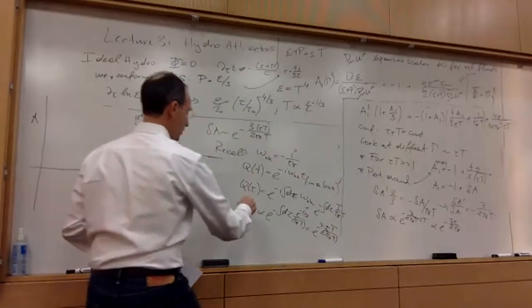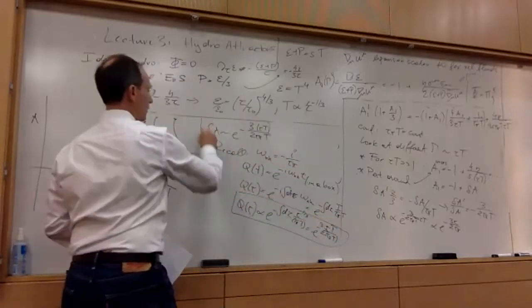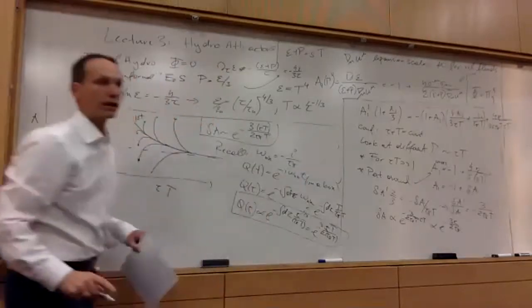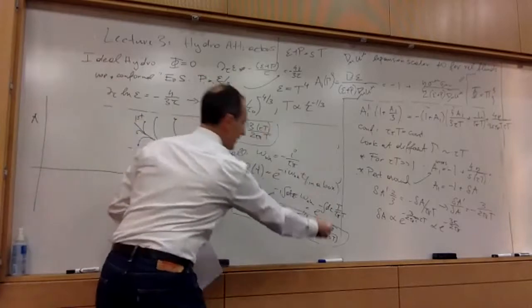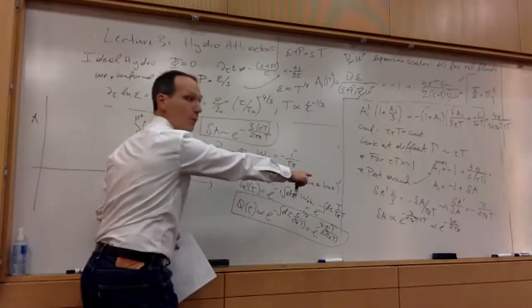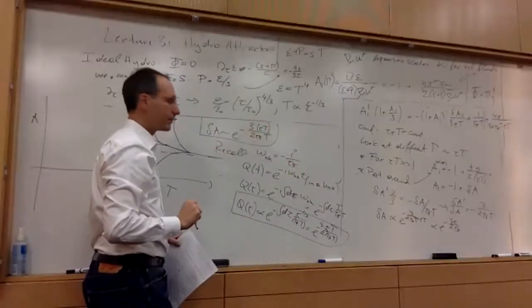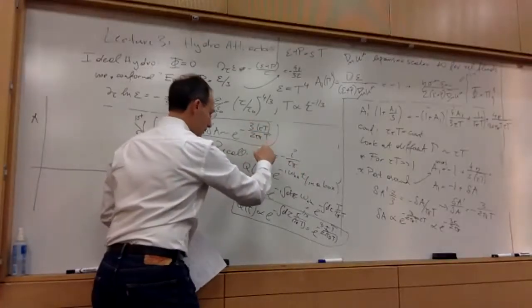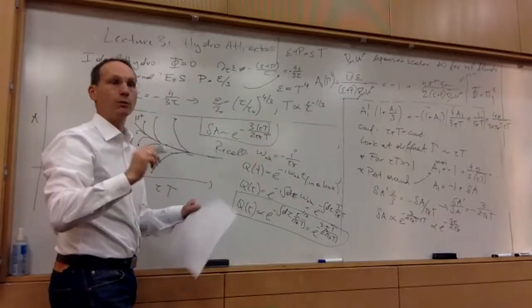Then I want you to compare this result with the solution that we found for the perturbations at late time. There's an exact matching between the die-off of the perturbations, how they die off quantitatively with time, and the non-hydrodynamic mode dispersion relation that we found by completely different means.